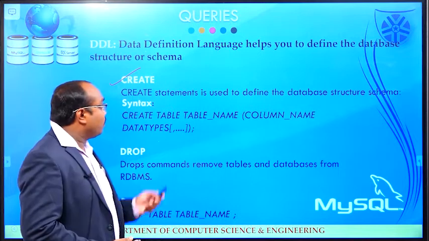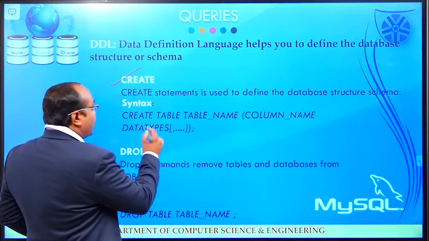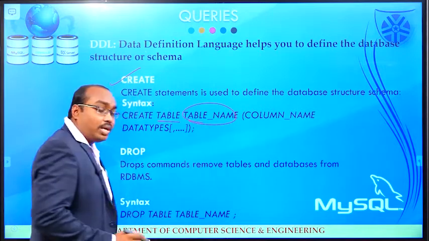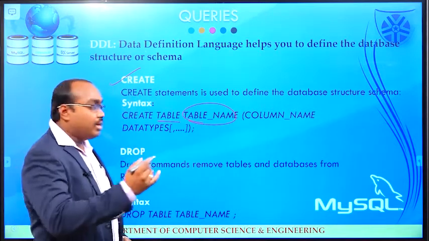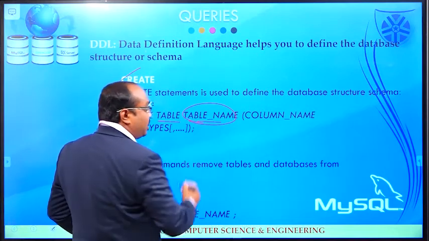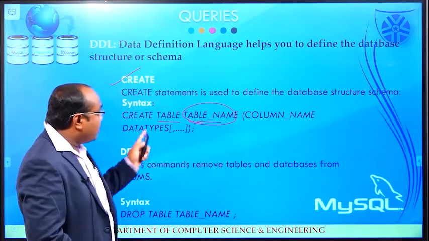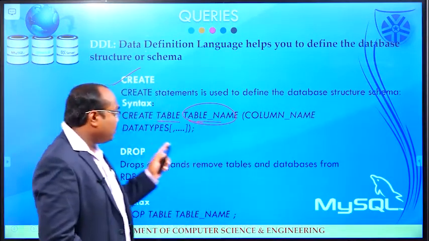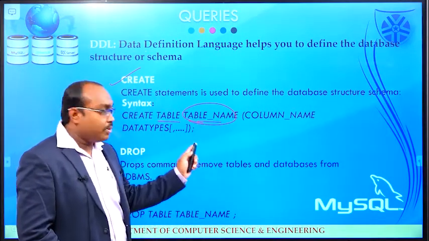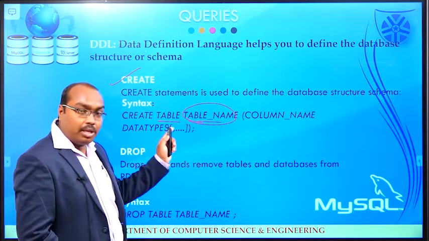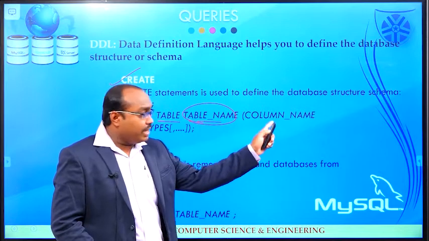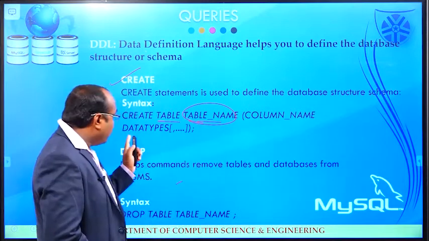The syntax of the create command is: create table name, then column names, and then data types. Here we have to mention the column name and the data type.